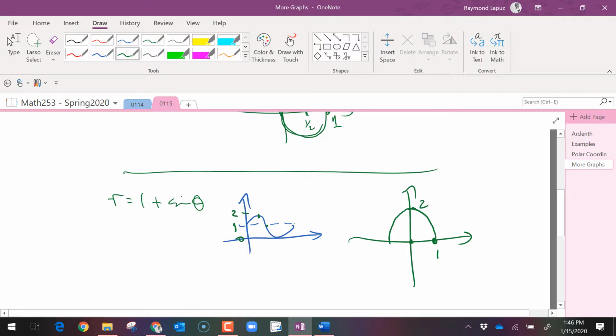Now, what do you think is going to happen? It's going to go down to 0, and then it's going to come back up at 1. Imagine that ray going around, goes to 0, and then bounces back up. What are you picturing?